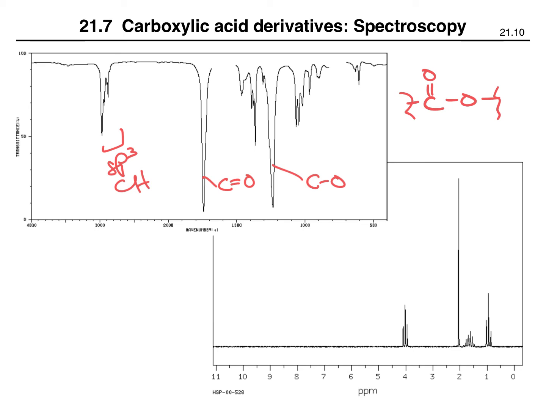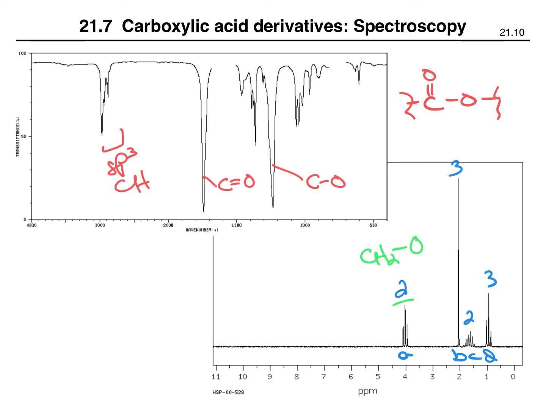Looking at the proton NMR, let's call these signals A, B, C, and D. And I forgot to give you the integration. This is 2, 3, 2, 3. So the first signal at about 4 ppm integrates to 2, so it's a CH2 group, and it absorbs at 4 because it's probably next to an oxygen.